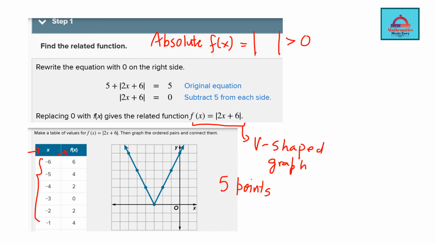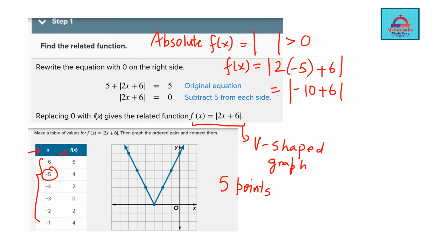So even if you plug in a negative value, let's take -5 and plug it in. I will just show you for this point how you evaluate. Where there is x, you are going to put the value that you're taking. So 2 times -5 plus 6, absolute value. How much is this? -10 plus 6, again absolute value. Now, absolute value cannot be negative.